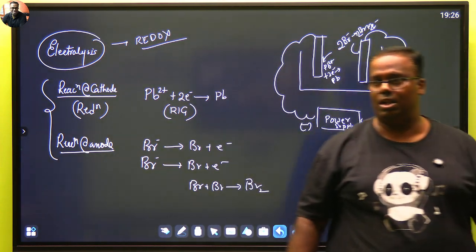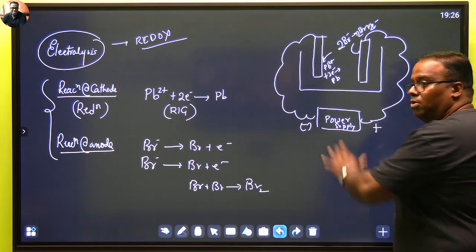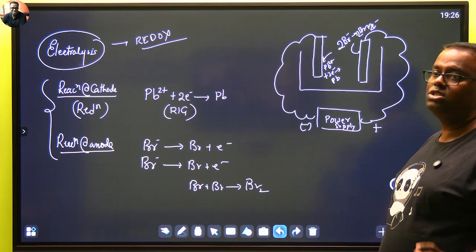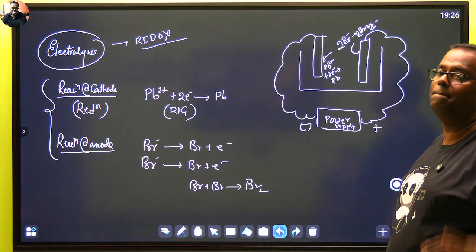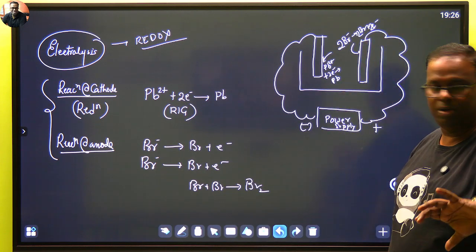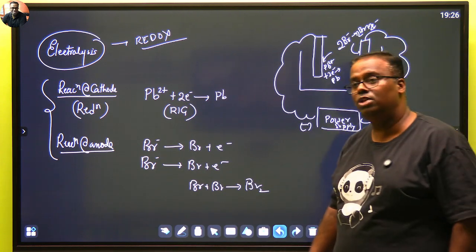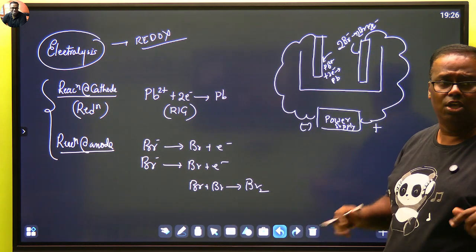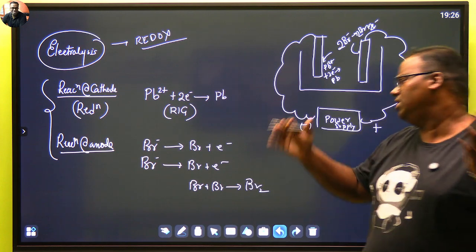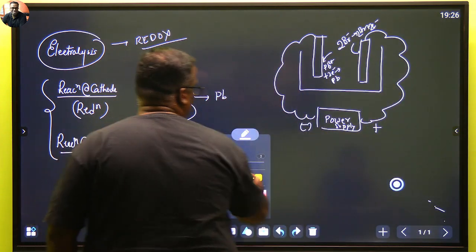Now let us understand. This is my power source. A power source never creates electrons. A power source acts like an electron pump. So you remember what I told you about the direction of flow of electricity? The direction of flow of electricity is always opposite to the flow of electrons. Anyway, if you don't remember that also, still we can apply our common sense.